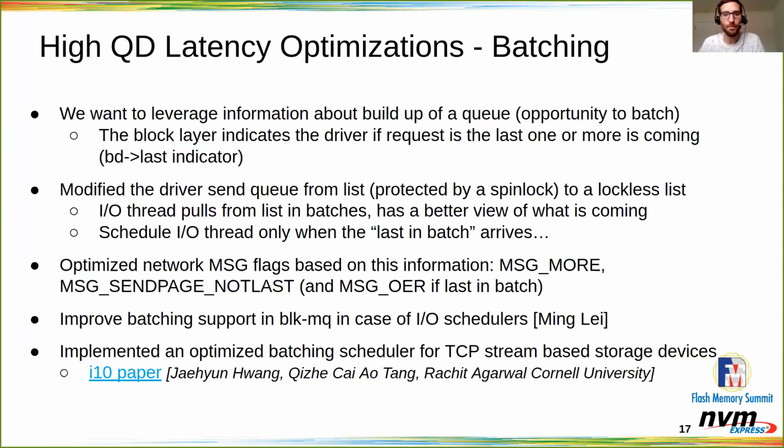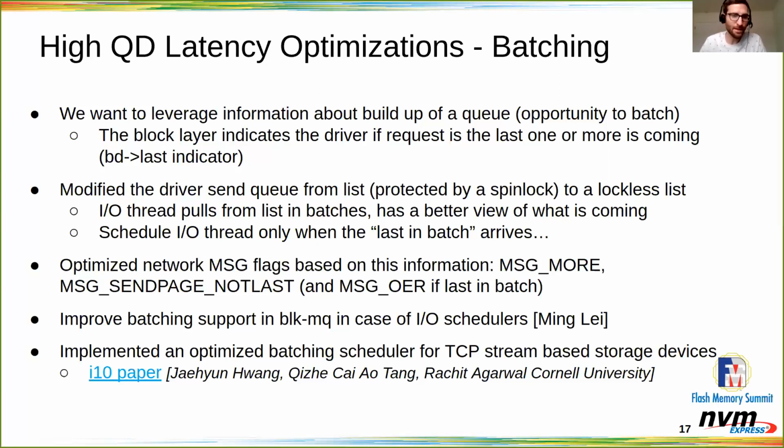And the last one is work by a team at Cornell University that built an I/O scheduler optimized for this sort of TCP stream batching workload, optimizing for bandwidth and latency.